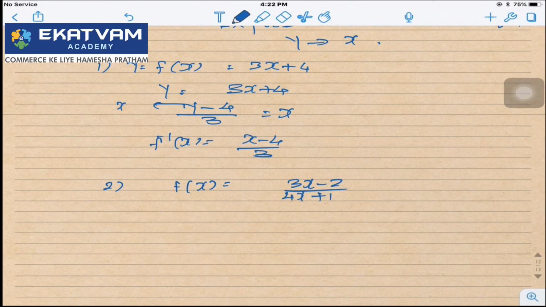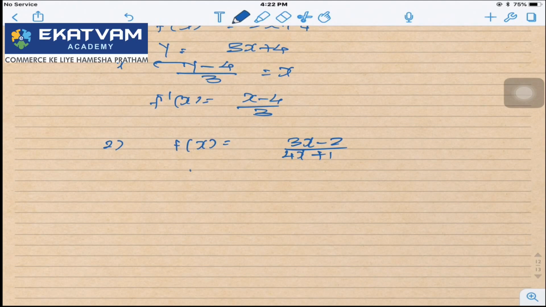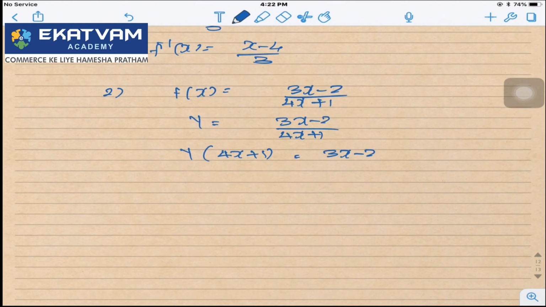Tell me what is the inverse of the function f of x equal to (3x minus 2) over (4x plus 1). क्या करेंगे? y equals (3x minus 2) over (4x plus 1). y into (4x plus 1) equal to 3x minus 2. आगे क्या होगा बोलो पटकन. It will be 4xy plus y equals 3x minus 2.